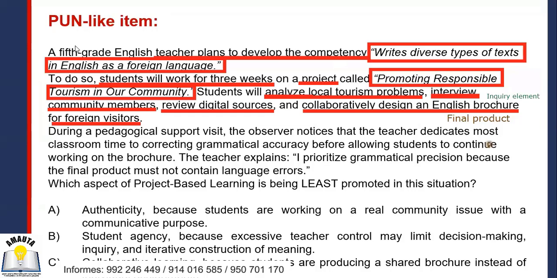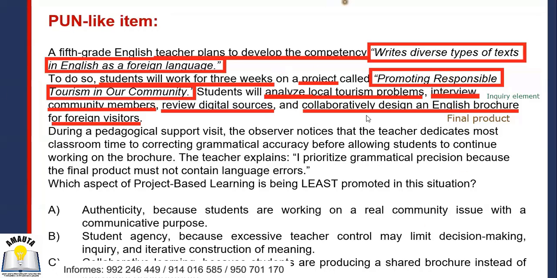Good. Elizabeth and Luis say that it is B. Yeah, the inquiry element, Nancy, is when it says that the students interview community members, because in that way, students generate some questions, gather information and data, and with this data, they will analyze and then finally make the best decision, right?